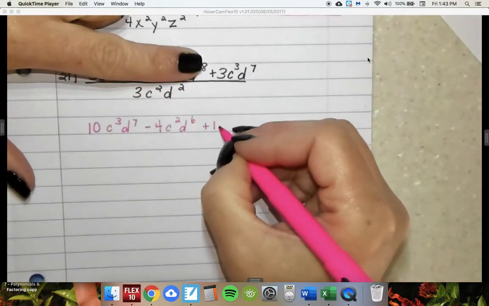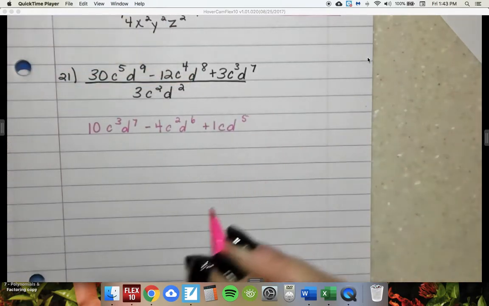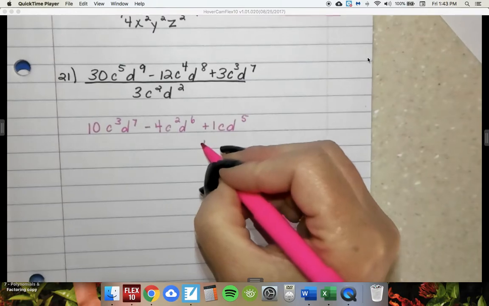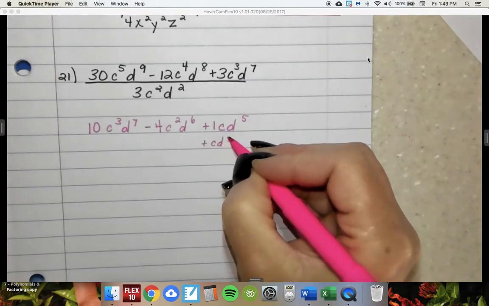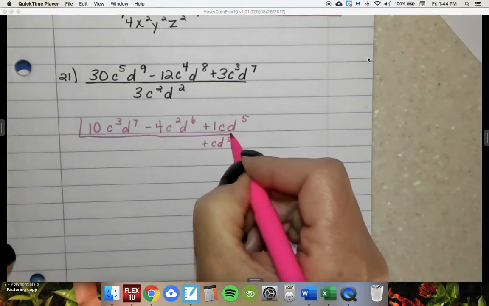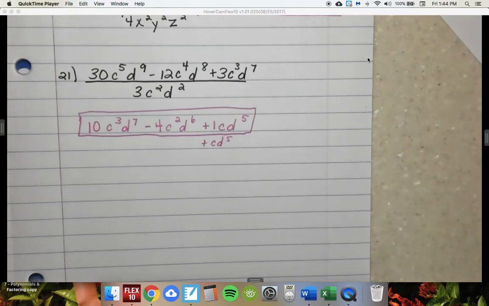C3, C2 leaves a C. D7, D2 is D5. Let me check to make sure we did it right. The answer jives just fine. Again, you don't have to show that 1. You could just show plus C, D5 if you want. But whatever, I kind of like to visualize the 1 in 8th grade. I think that's beneficial.